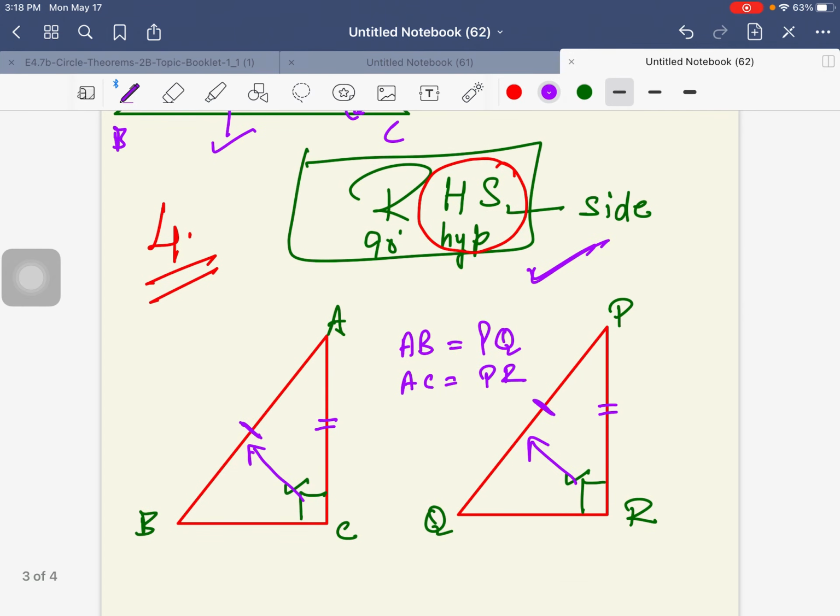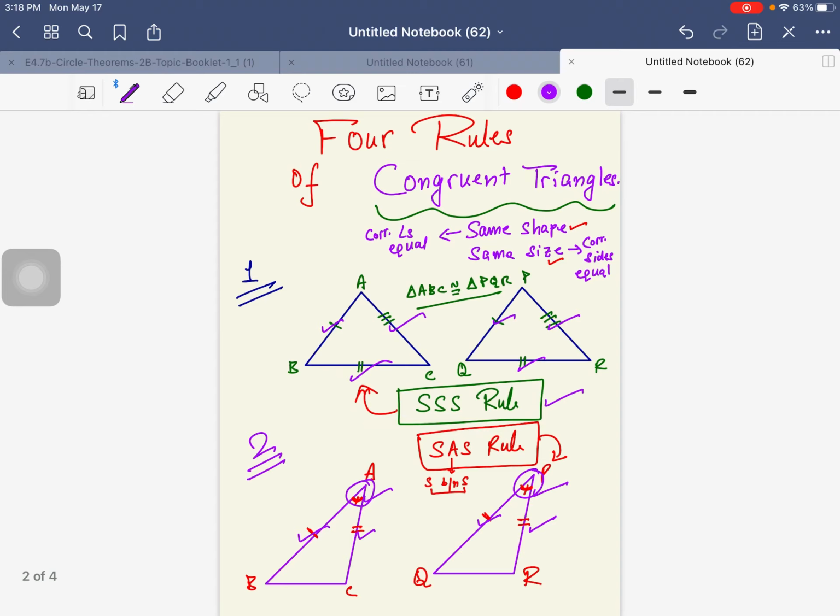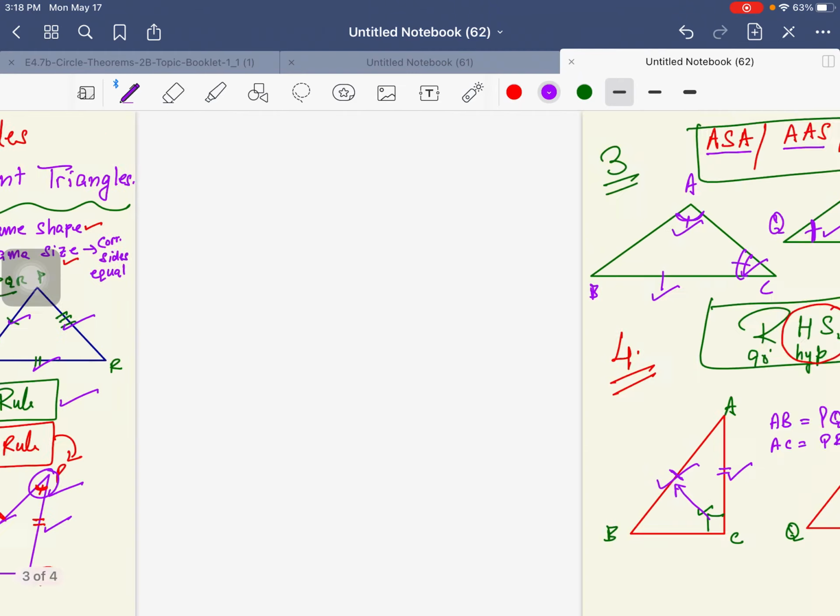Right angle hypotenuse side, RHS rule applies to right angle triangles. We need to prove only two things, that they have equal hypotenuse and one pair of other sides also equal. In this case I took vertical sides are equal. So these are the 4 golden rules for proving congruent triangles.